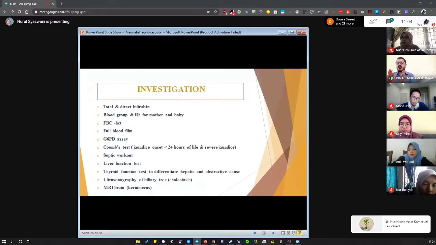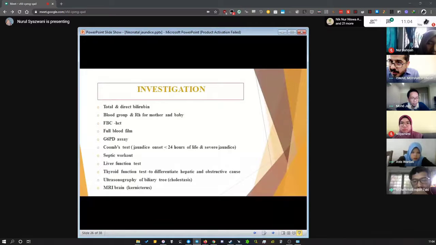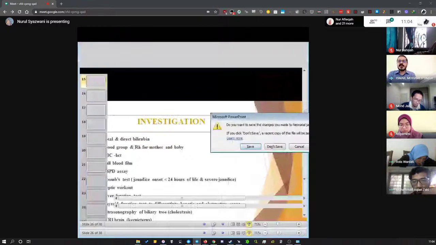This test differentiates between ABO incompatibility and hereditary spherocytosis. It is the osmotic fragility test. Very good. Okay, carry on, Shahira.